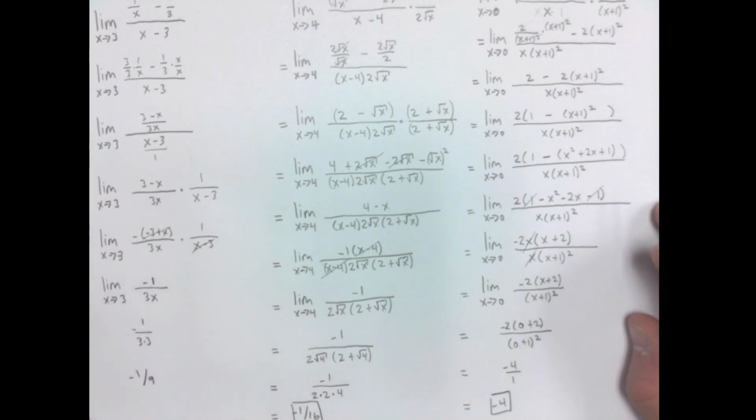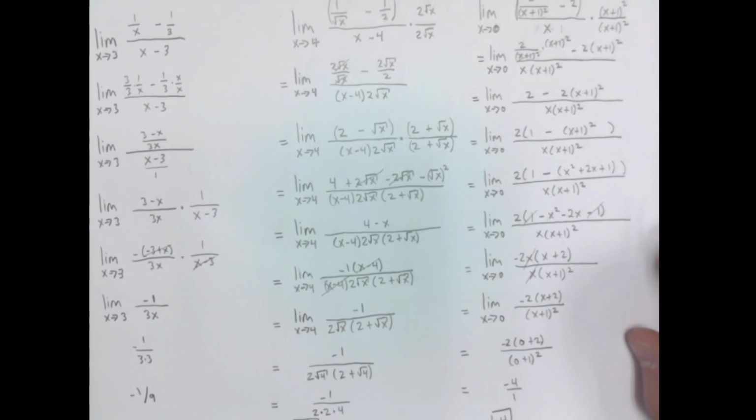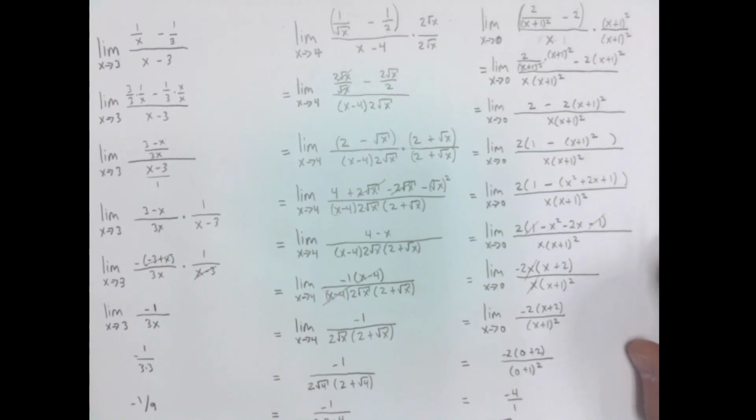Again, notice how each of those took a substantial amount of algebra. So, I'll say it one more time for this video. Make sure your algebra skills are in tip-top shape.